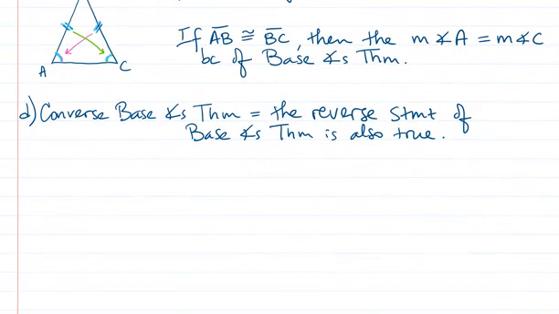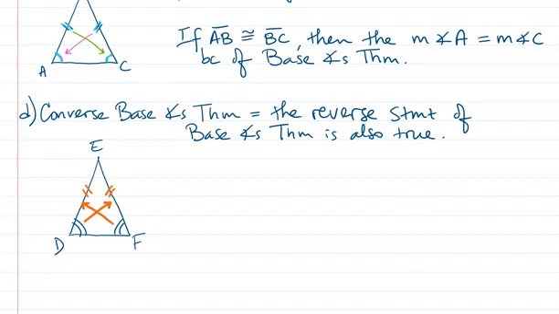We basically do it in reverse. So basically, if you have triangle DEF here, and the bottom two angles, which means the base angles, are the same measurement, then the leg opposite of each one is also going to be congruent. That's basically what the converse base angles theorem is saying.